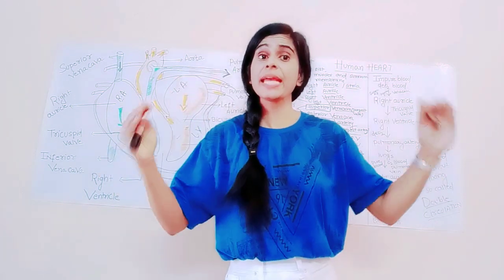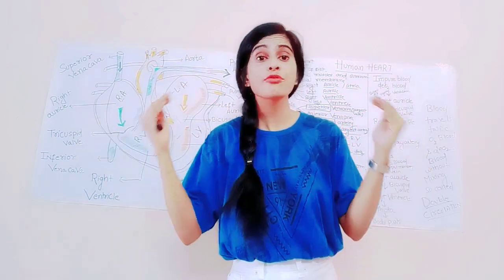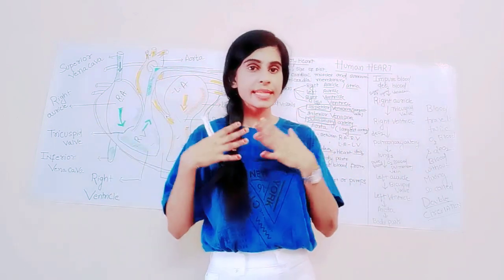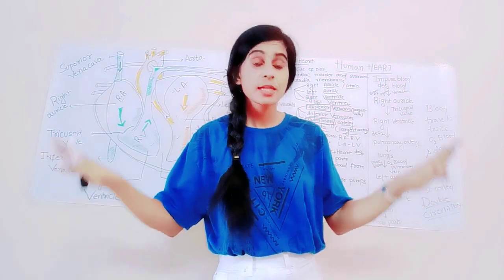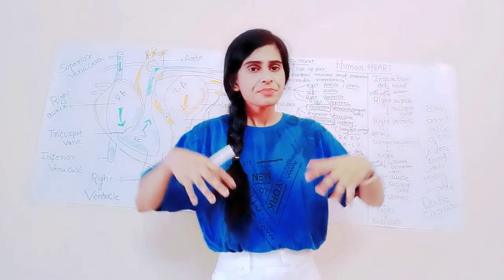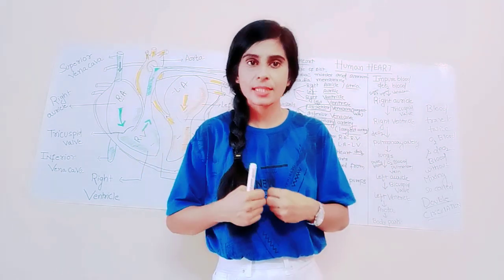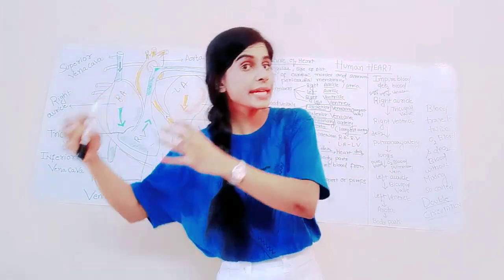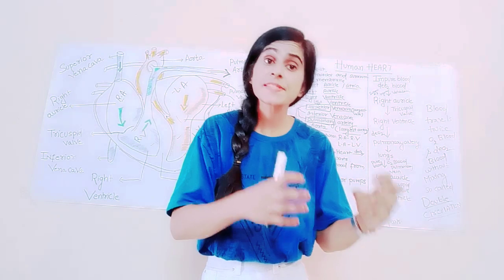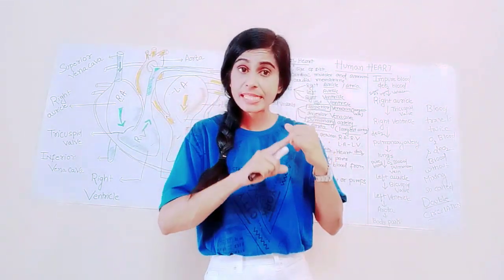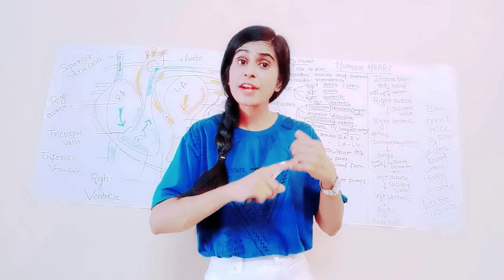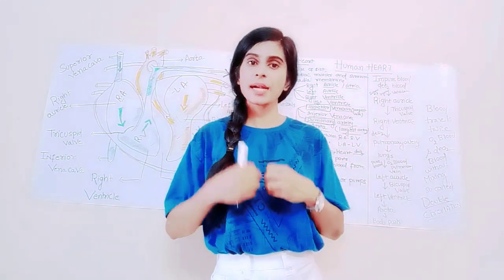What is the main mechanism of working of the heart? Its function is pumping blood. What will it do? It will receive deoxygenated blood, the impure blood, from all the body parts.